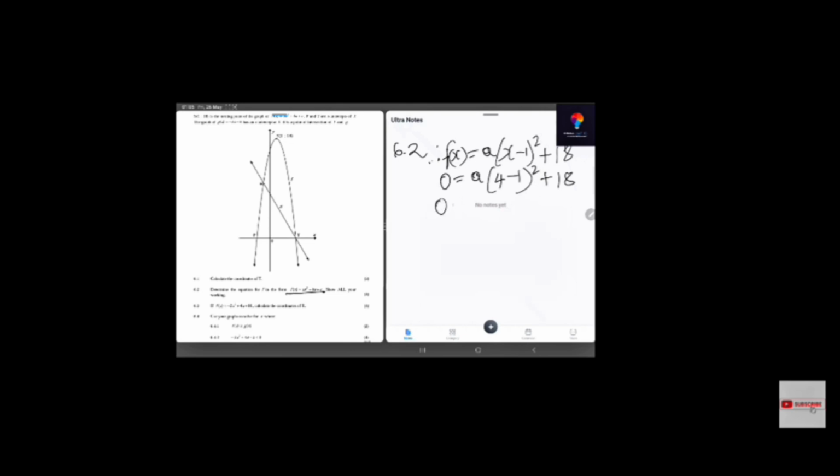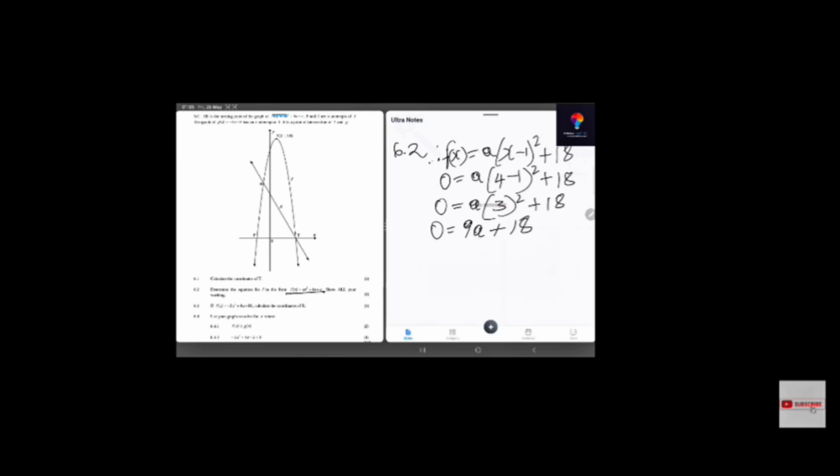So I'm going to say 0 is equals to a, 4 minus 1 is going to give us 3 to the power 2, which will later give us 0 is equals to 9a plus 18.